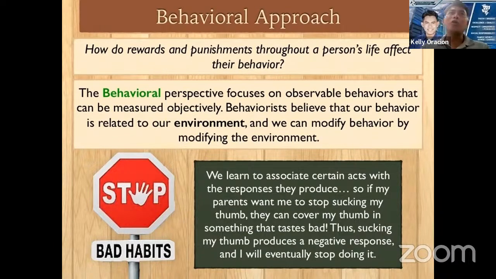The behavioral perspective focuses on observable behaviors. Take note, behavioral it should be observable behaviors that can be measured objectively. Since behaviorism depicts observable and measurable aspects of human behavior, that means all behaviors are directed by stimuli.